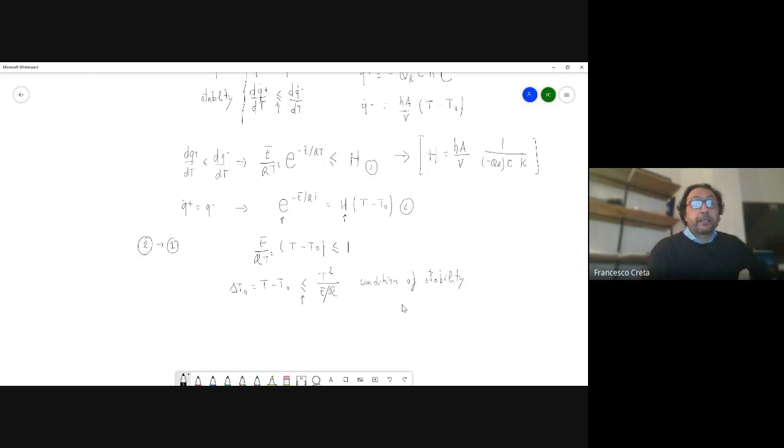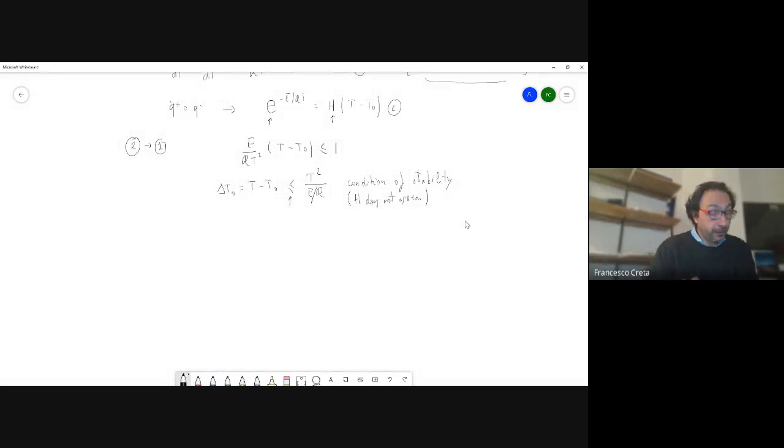Another important thing is, look at this. In the condition of stability, H, this constant here, doesn't appear. So it seems that it's independent of H. So let's see what's going on here. Again, we have a graph.